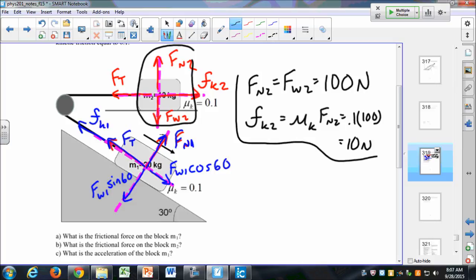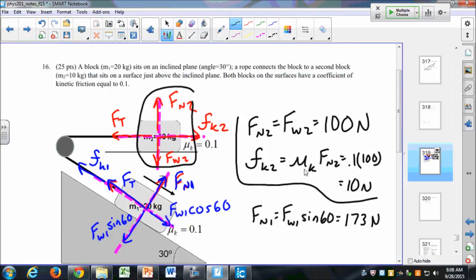The second one's a little bit more complicated, but not terribly so. Fn1 is equal to Fw1 sine of 60. That's 173 newtons. I'm going to keep it there.